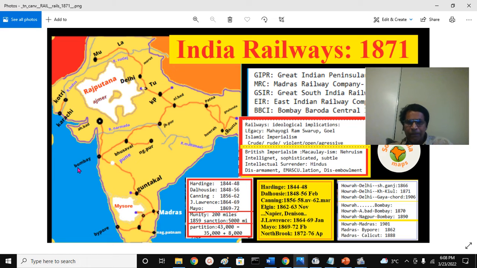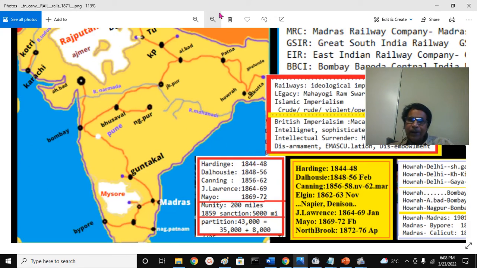Very important connection. Before that, already a railway link was built from Bombay Presidency to Madras Presidency via Pune, Sholapur, Wadi, Guntakal, Arakonam, Madras. And before that, British already connected Madras to the Malabar coast.